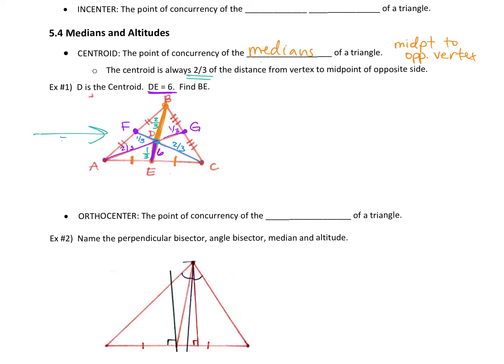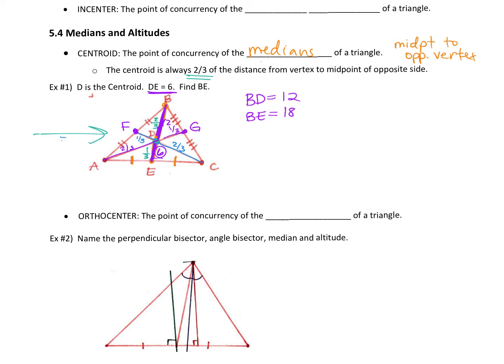So if 6 is 1/3 of the segment, how long is 2/3 of the segment? It's twice as much. It's 12, right? If this is 1/3, then this is 2/3 or 12. So BD is a length of 12. So BE is 6 and 12 put together, or 18. Do you see that?